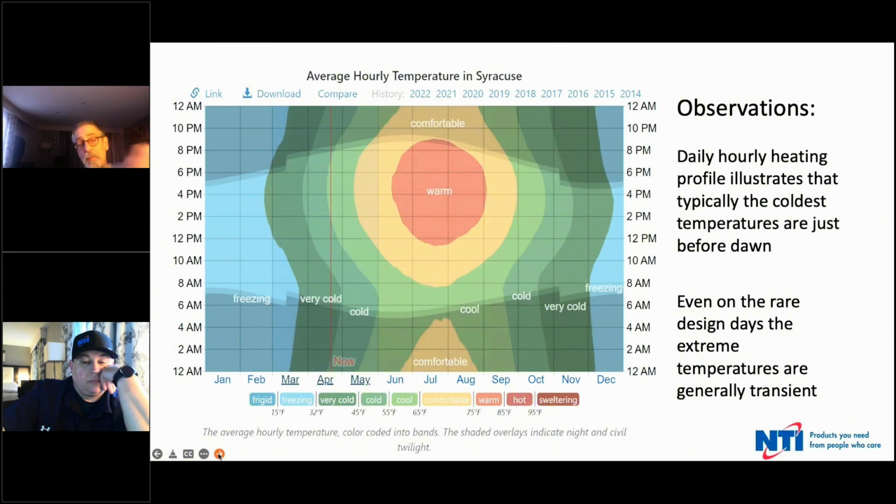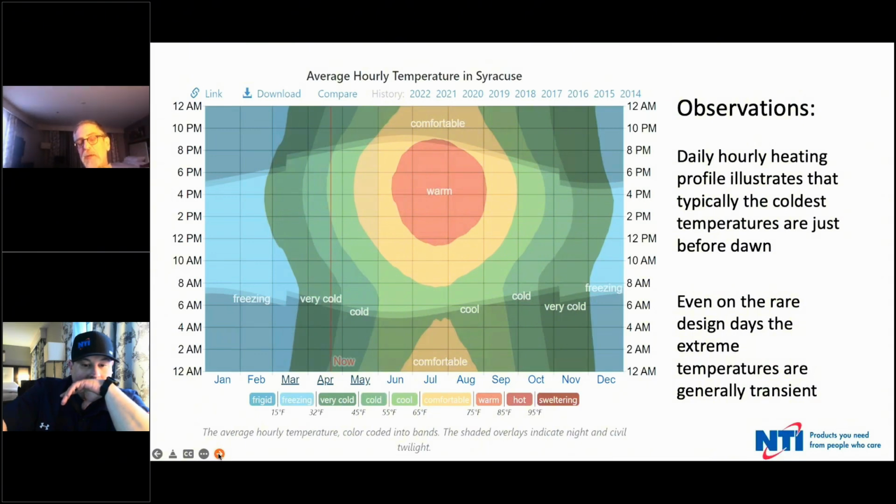And you'll see how that moves in the very cold months, and that very cold moment tends to become earlier and earlier in the morning as the day gets longer. But that's what I was talking about, that thermal flywheel effect. Let's say you had a day when you were at, or even a couple degrees below, design temperature.